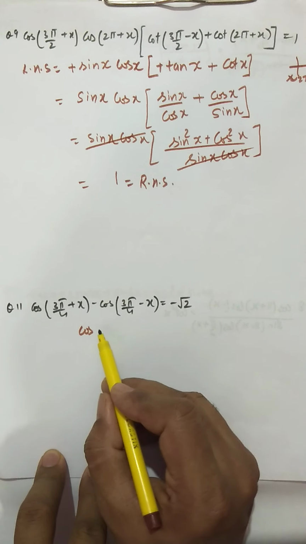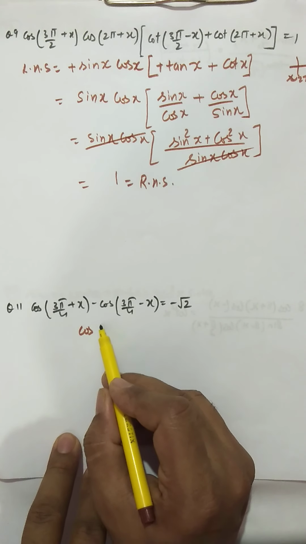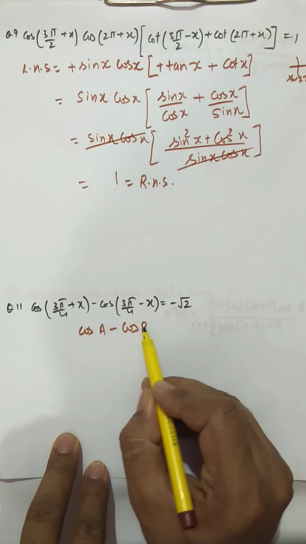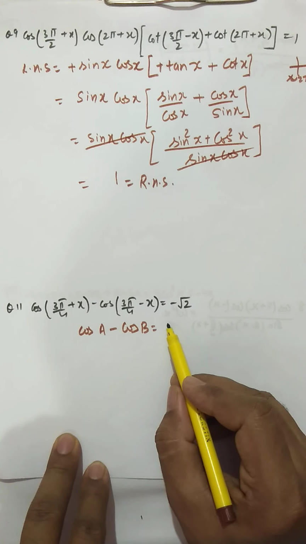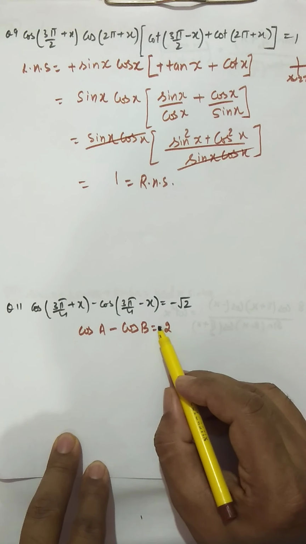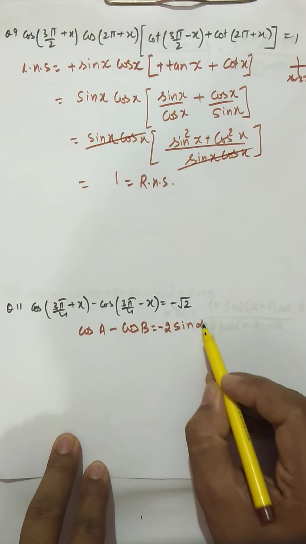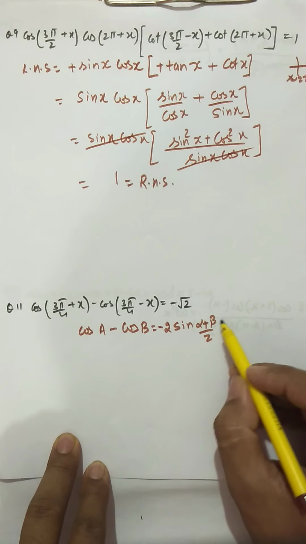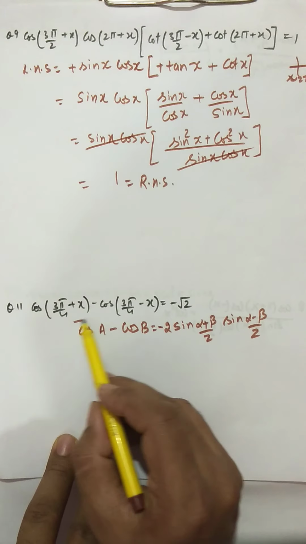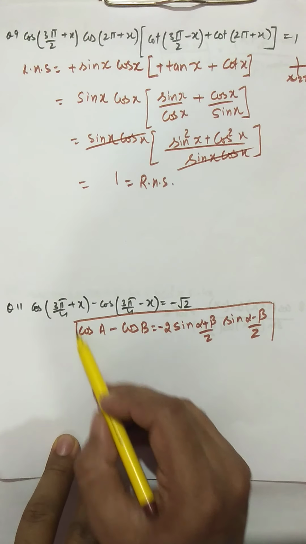That formula is that cos A minus cos B, you can write that as minus 2 sine alpha plus beta by 2 into sine alpha minus beta by 2. So this is the CD formula.